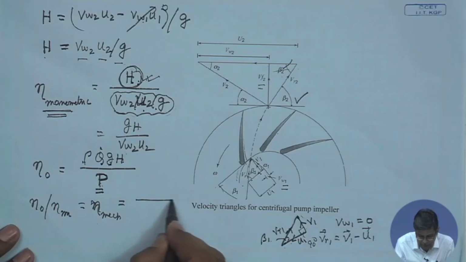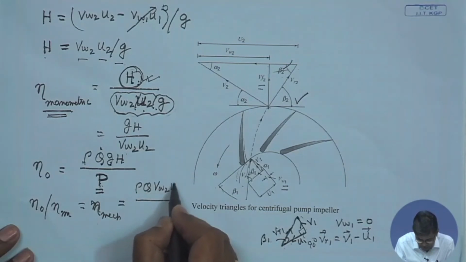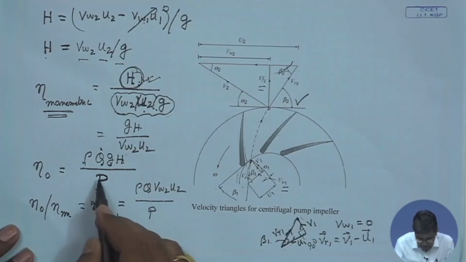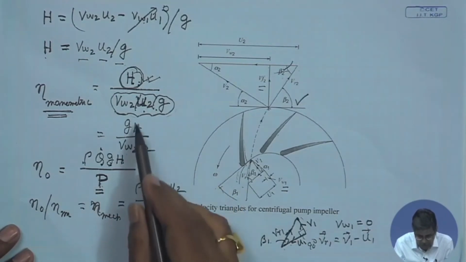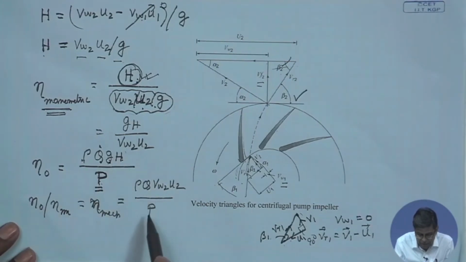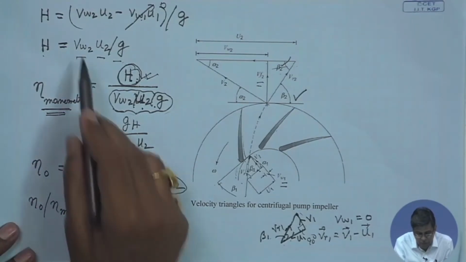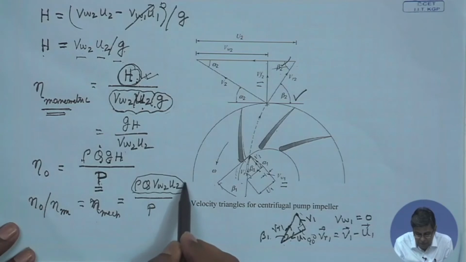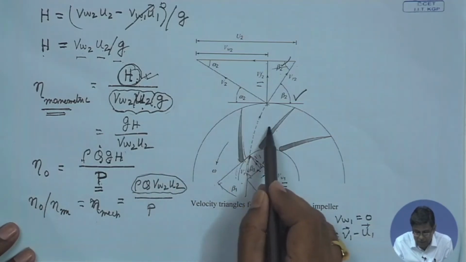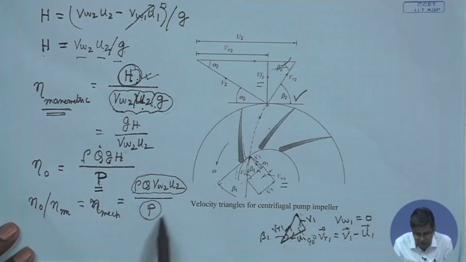What is mechanical efficiency? That will be rho Q VW2 U2 by P. If you divide this by this, then automatically GH will be cancelled, VW2 U2 will go in the numerator. That means this is the ratio of the work, in terms of power, VW2 U2 by G in terms of head, the power given by the rotor blade to the fluid, and this is the power given at the input, that means to the shaft at the coupling.